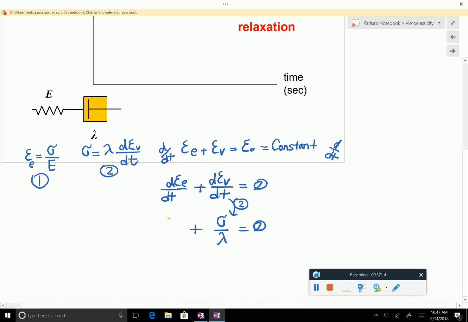Nothing special, we just take the derivative. E is constant, so then we are left with d sigma over dt. You have seen this in calculus. You are just taking the derivative of both sides of it. E is constant, comes out, and this is the derivative. So now you have a simple differential equation to solve. It becomes very easy then.